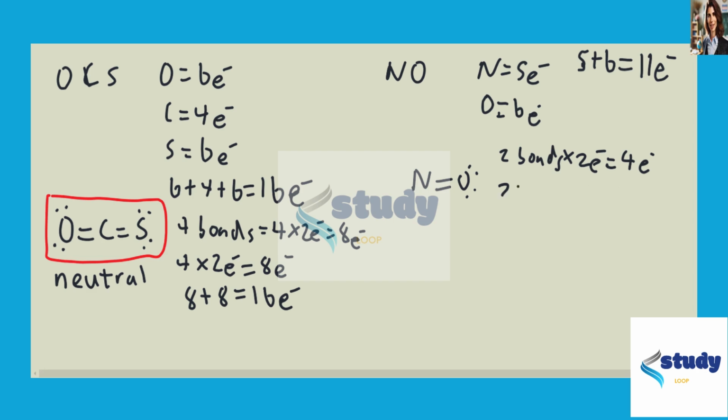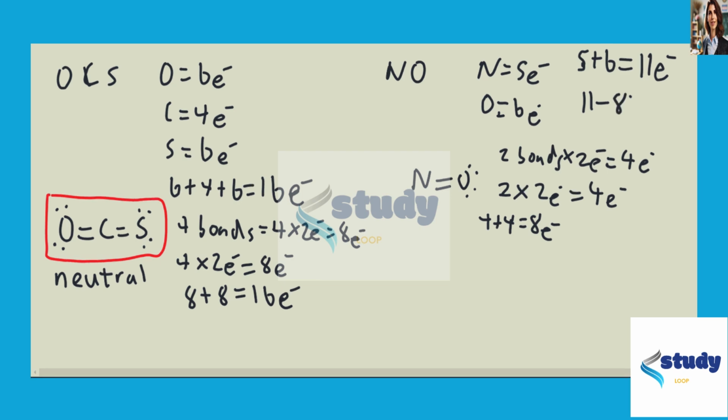We've used 2 lone pairs times 2 electrons, which is 4 electrons total. So I've used 8 electrons from our 4 plus 4, meaning we have 3 electrons left from our 11 minus 8 equals 3 electrons.